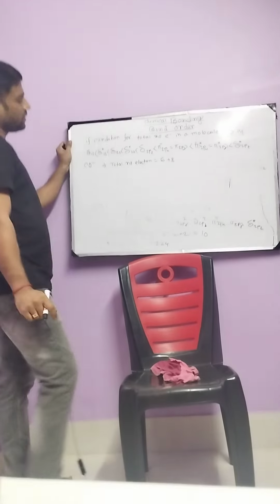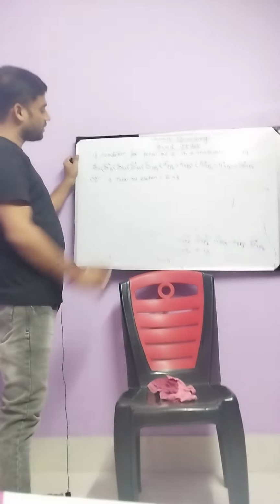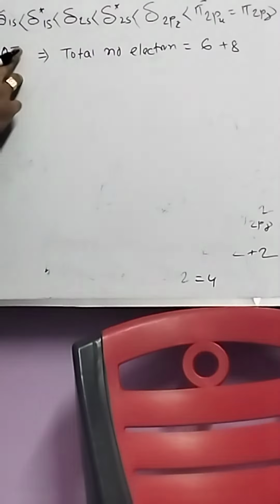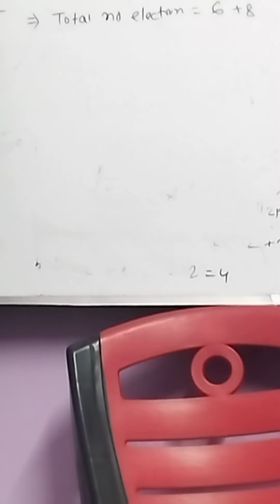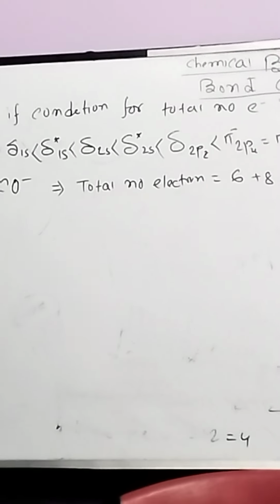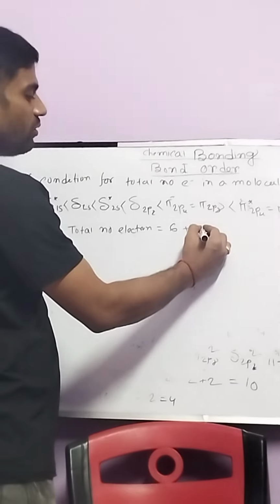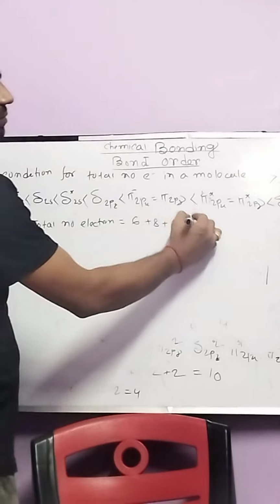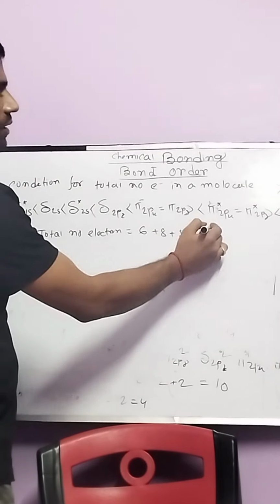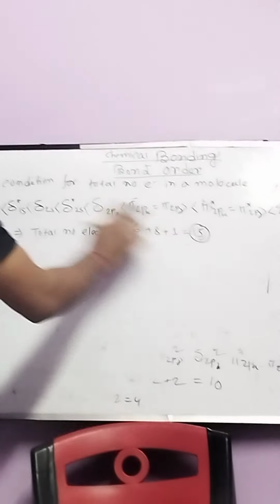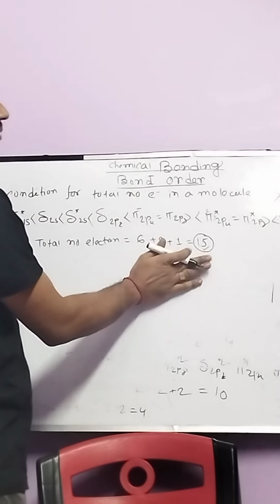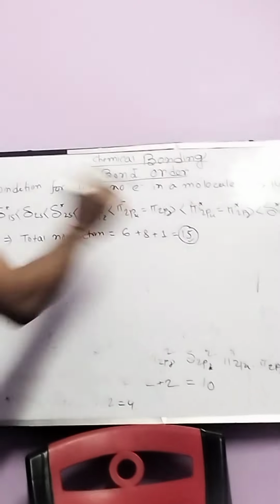But the significance of the minus sign is that the negative charge means one extra electron occupies this molecule. One electron is in excess, so we add one extra electron, and the total number of electrons is 15. This 15 follows the condition for total number of electrons greater than 14.